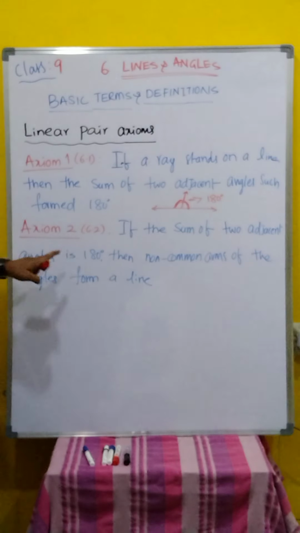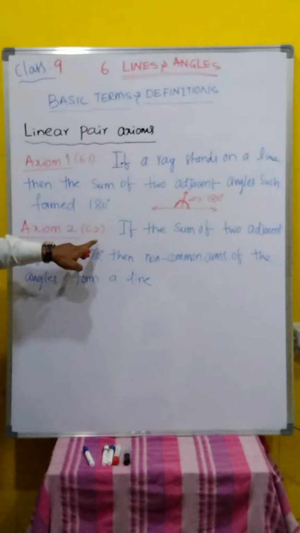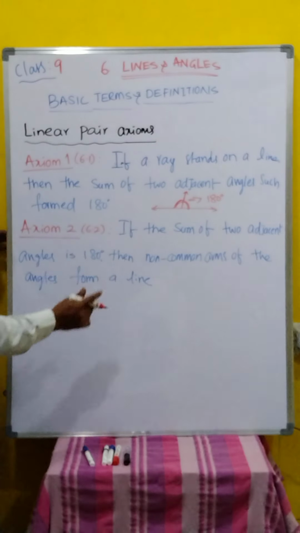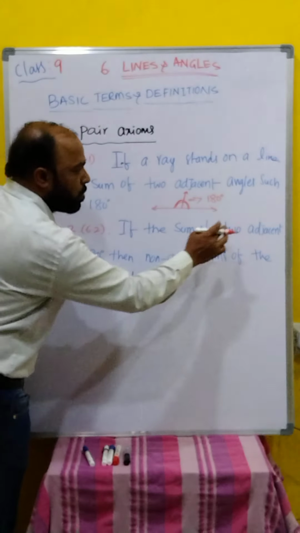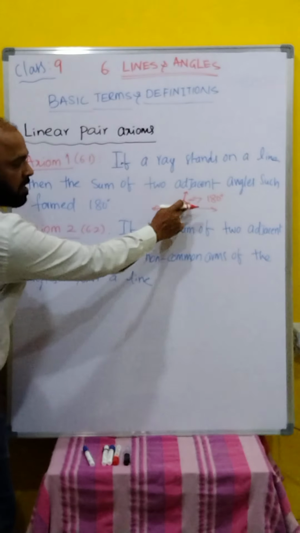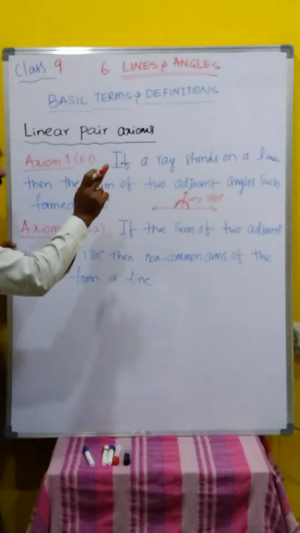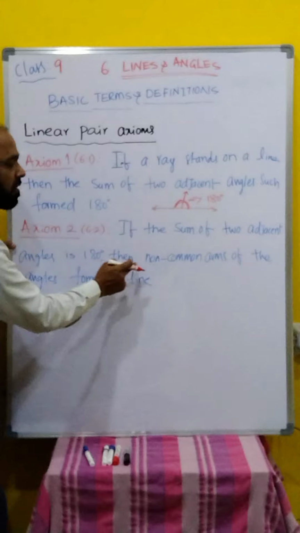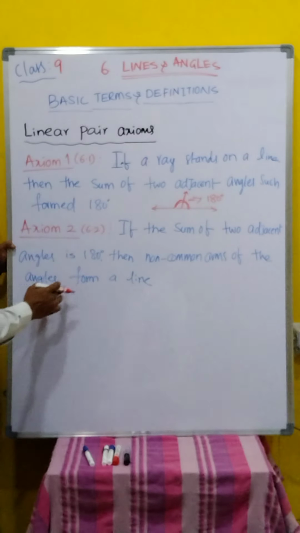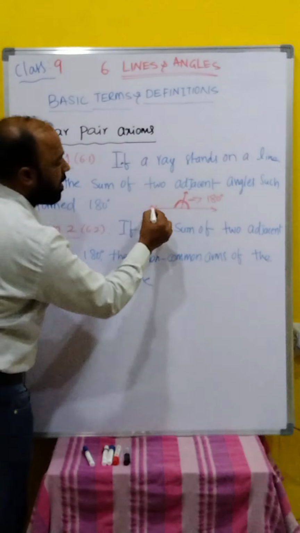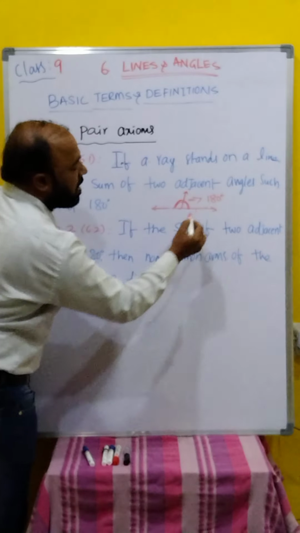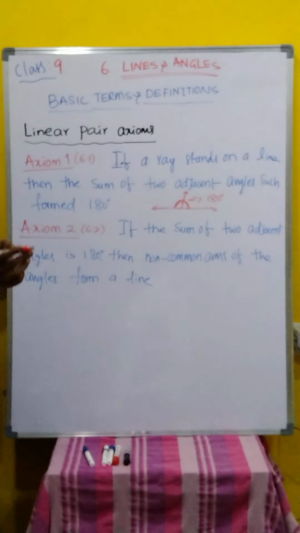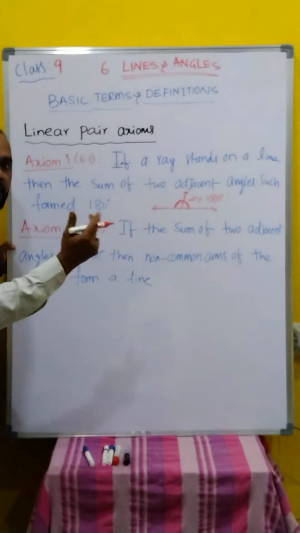Now axiom 2, which is 6.1 first one and 6.2 second one in the textbook. If the sum of two adjacent angles is 180, then the non-common arms of the angles form a line. Automatically it forms a line. The sum of the two is 180, then it is a line.